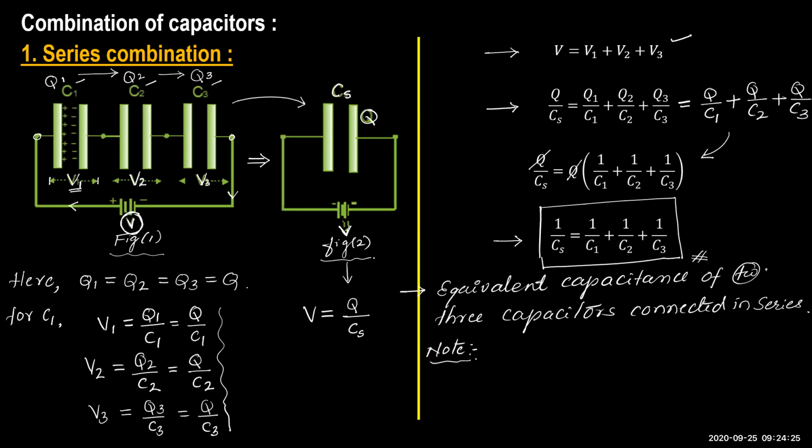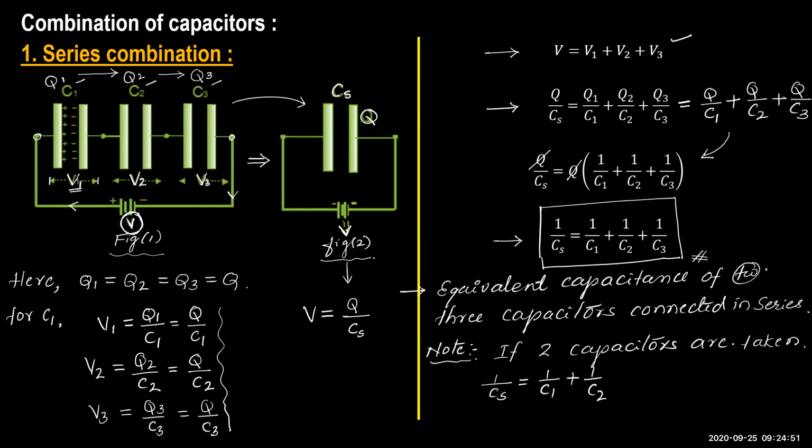Now note here, if two capacitors are connected, then what will be the equivalent capacitance? So it is 1 by Cs is equal to 1 by C1 plus 1 by C2, because only two capacitors. Now it can be simplified.